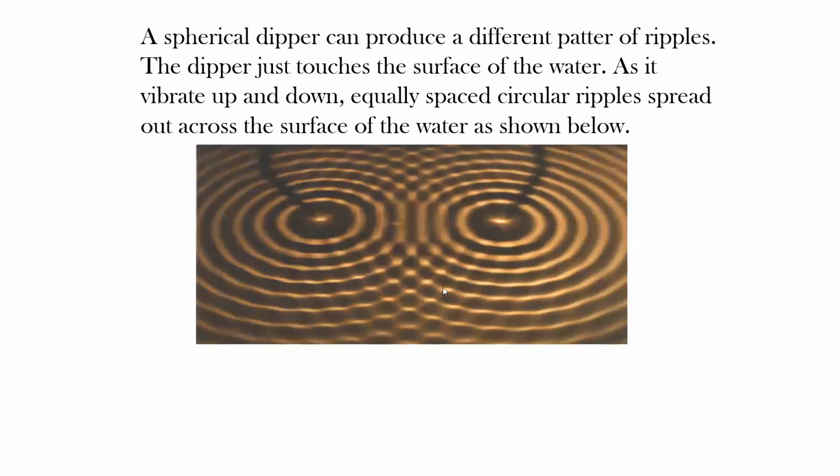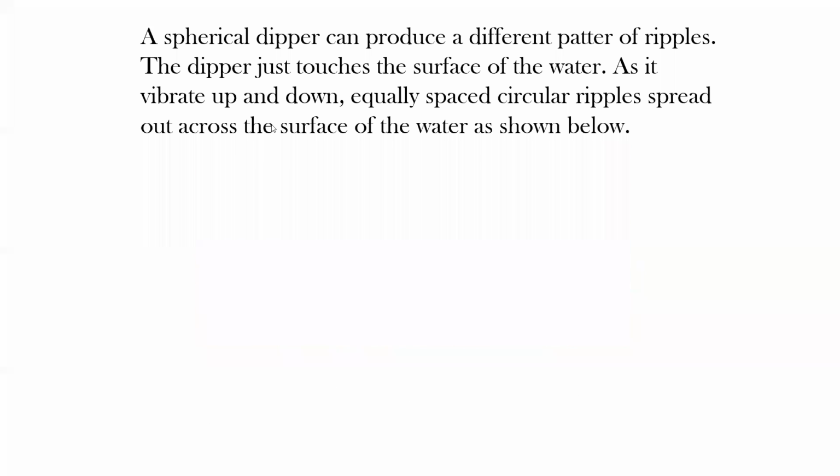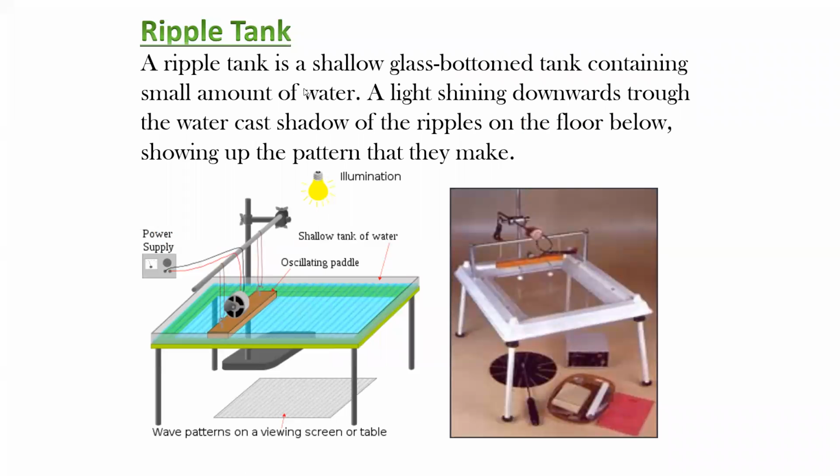Same thing if you take a small spherical object. So the ripples, again, what are these? This is a shadow. You have a light source here, and you're observing a shadow. If I take a small spherical object and vibrate it up and down, these spherical objects produce wave fronts.